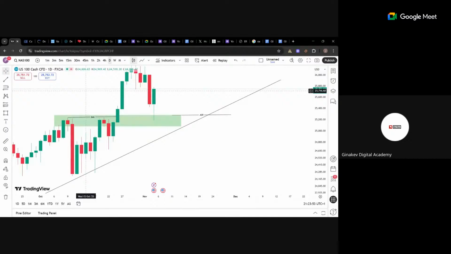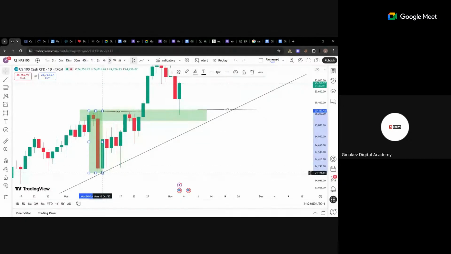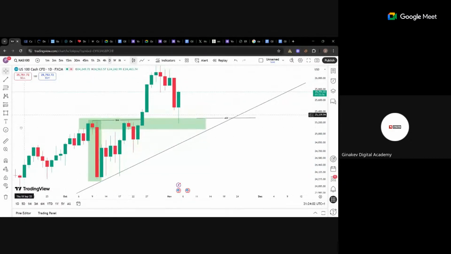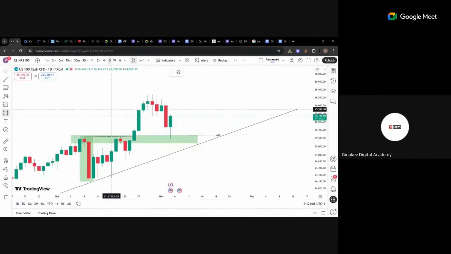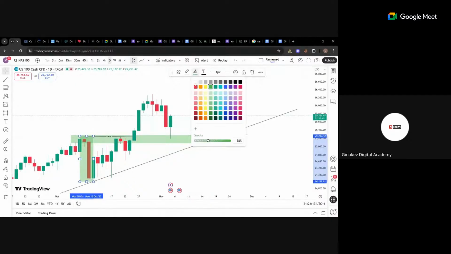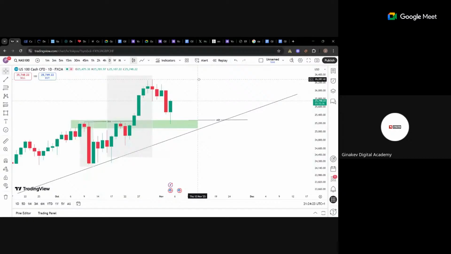Yes, a break of structure occurred at this point because, just like we said, from here to here is seller structure. Then we have buyer structure, which broke above this seller structure.